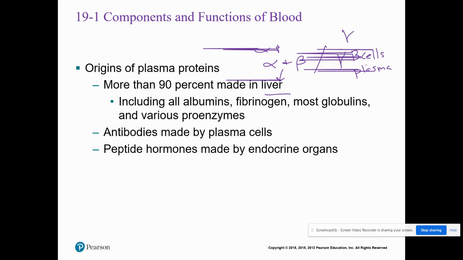All right. So antibodies will be made by plasma cells. These are, again, B cells, typically. Okay. And then we saw peptide hormones coming from our endocrine organs once they were made inside those.